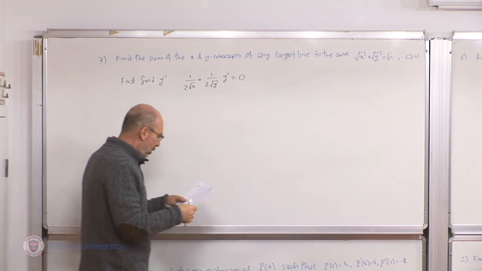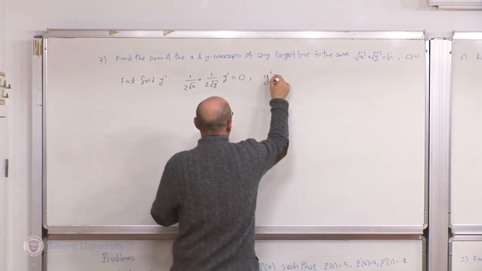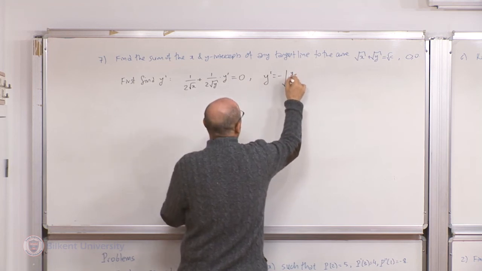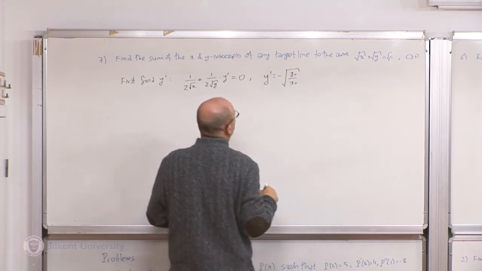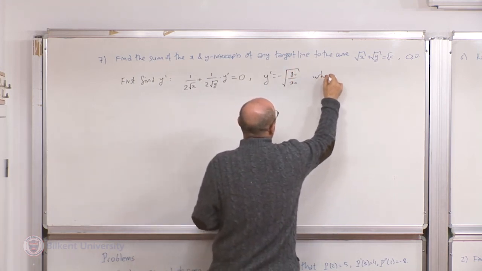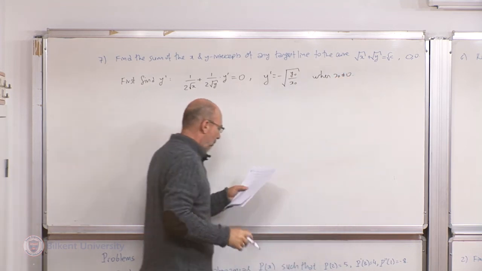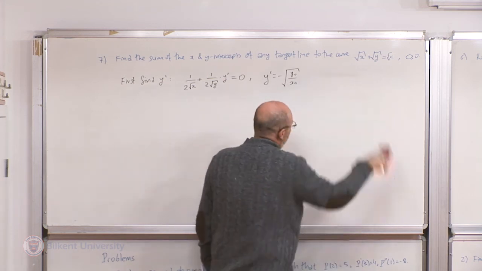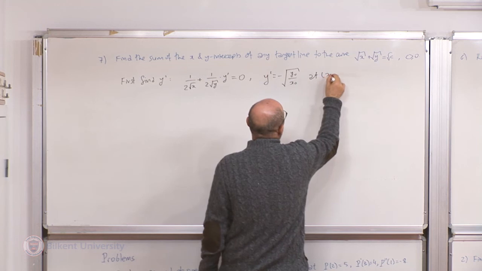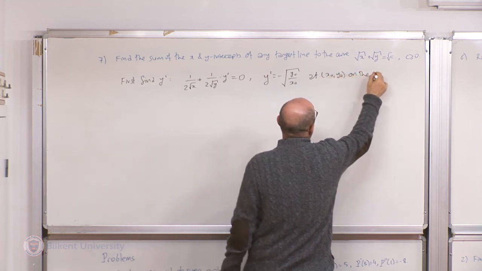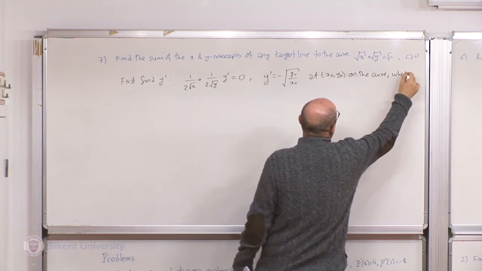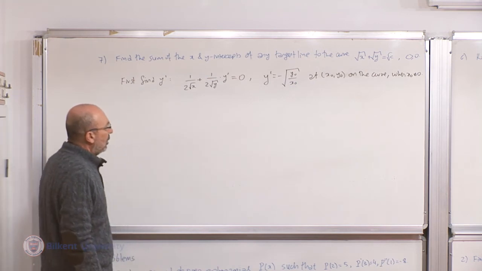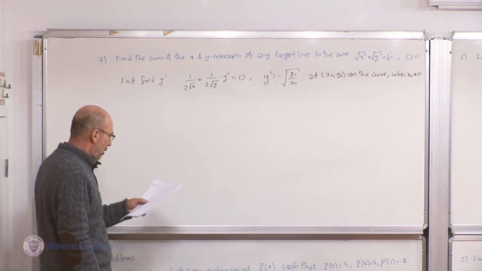So here y prime is equal to minus square root y over square root x, when x is different than 0, at this point x sub 0, y sub 0 on the curve. So this is the slope.